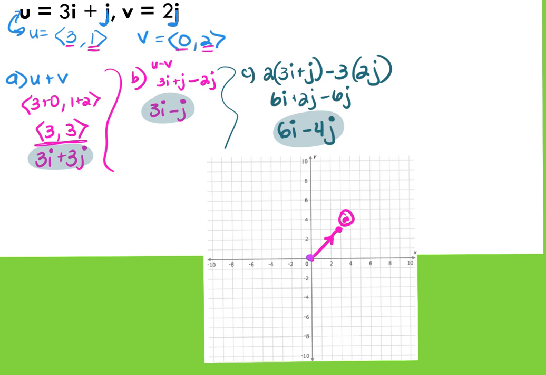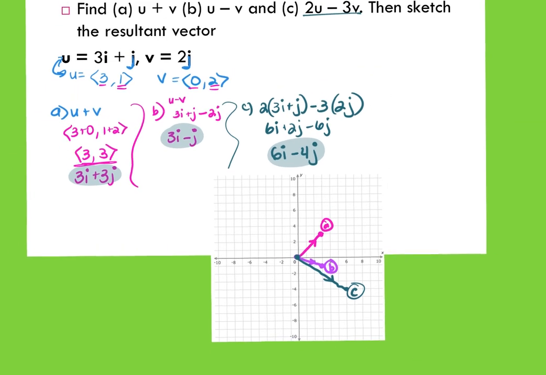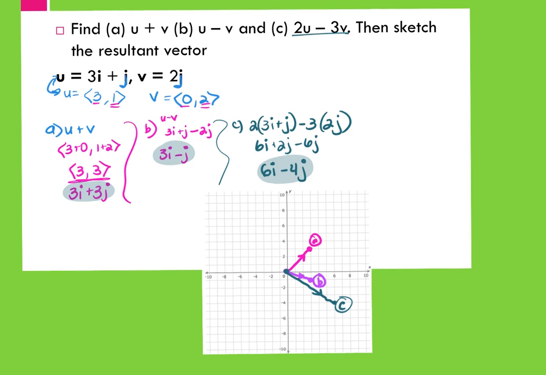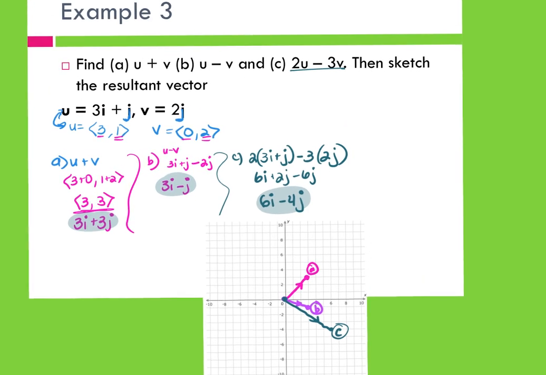So starting here, going 3, negative 1. And C, what's the terminal point? 6, negative 4. So I go to the right 6, and I go to negative 4. Questions on that one?